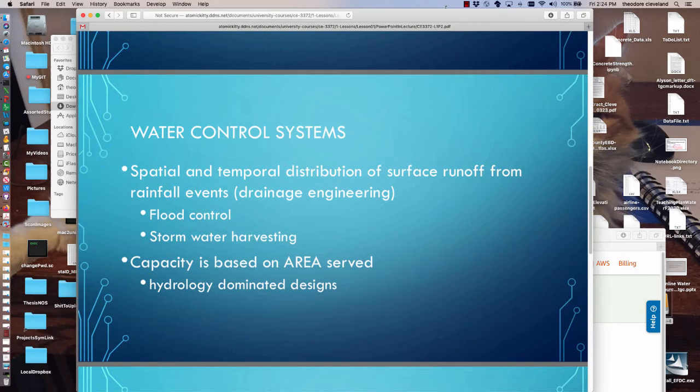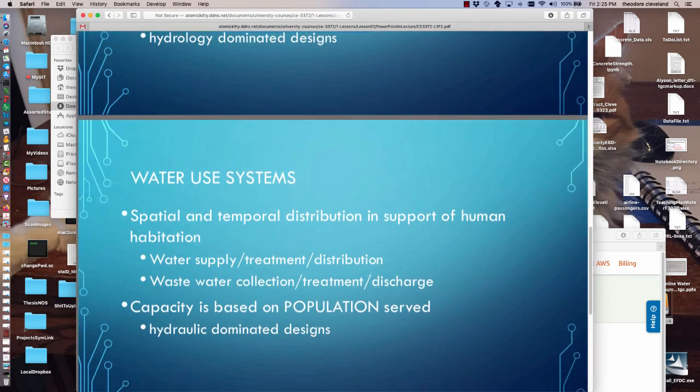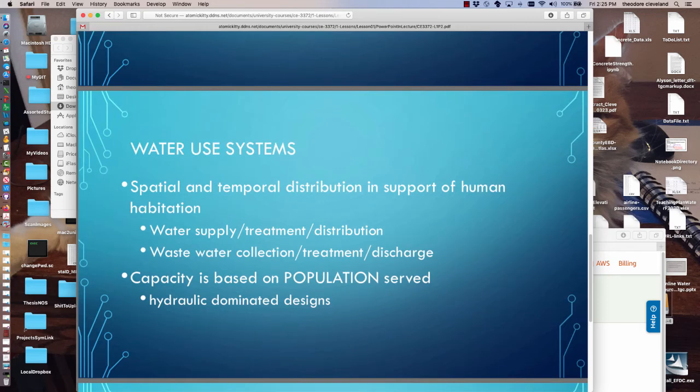Okay, so now if we return to our presentation, we have summarized water control as per Chin, and the key idea is that the capacity, they get sized based on the area that they have to serve. We move to water use systems. We saw at the end of that reading that it had to do with water that's in support of human habitation, so water supply, treatment, and distribution, wastewater collection, treatment, and discharge. And the key idea here is capacity is based on population served.